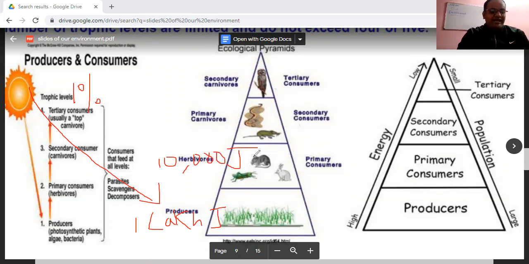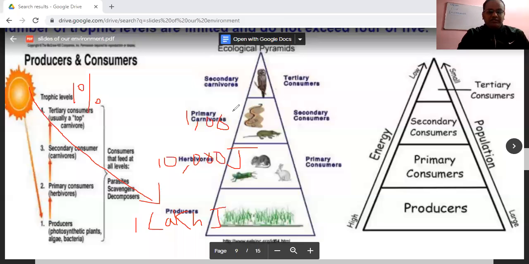Now suppose as per the Lindemann 10% law, how much energy will be now available to the secondary consumer? Because Lindemann said that 10% of energy of the previous trophic level will go to the next trophic level. How much energy will be going? Very good. It is simply 1,000 joule.